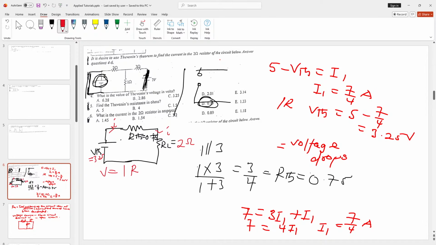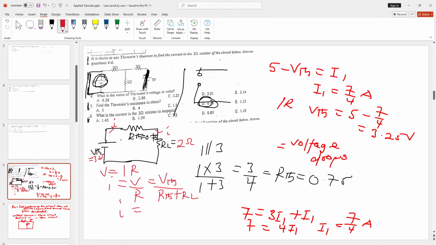If V is equal to IR, then I is equal to V over R. Now, considering this circuit, our V is our VTH, and then our R, because you have 2 resistors connected in series, we know that anytime resistors are connected in series, their total resistance is the summation of those resistors. So here we are going to have RTH plus RL.